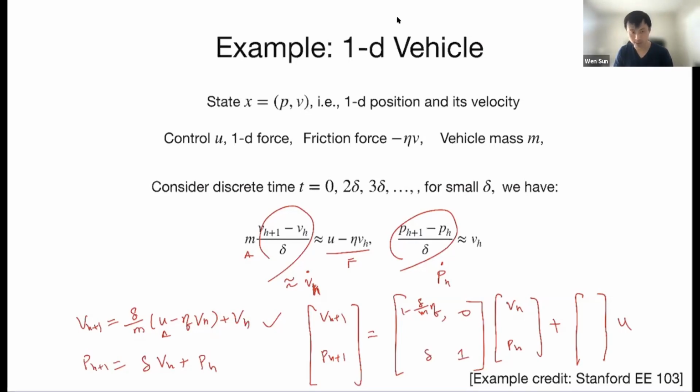Okay, hopefully I'm doing this correctly. And for u, we have delta over m, and we have 0. Okay, I think this is correct. So this is my A matrix. This is my B matrix.